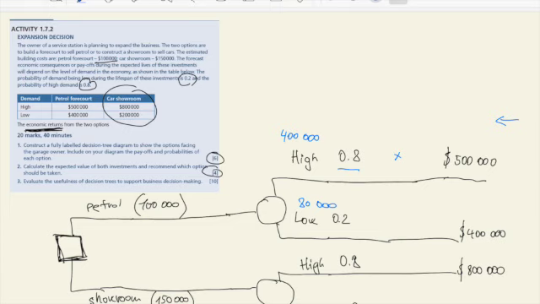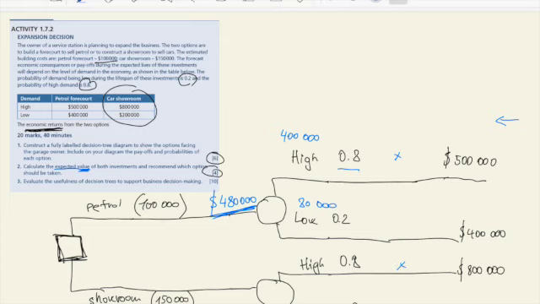Okay. Now, once we have the results for each chance node, we add them together and we write it down in front of the chance node. So now we know that the expected value of building the petrol forecourt will be $480,000. Great. So now we can actually go further, do the same thing for the car showroom.